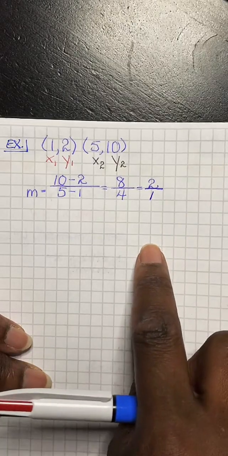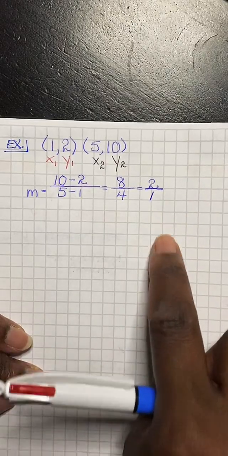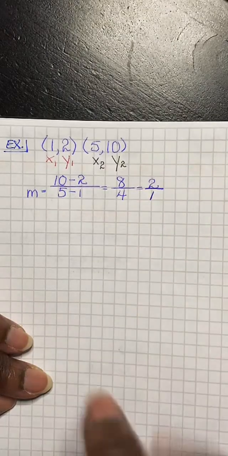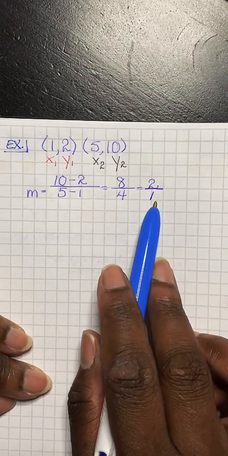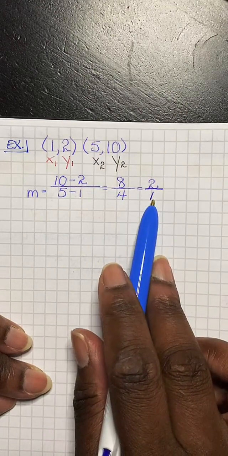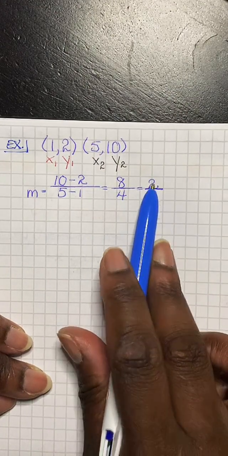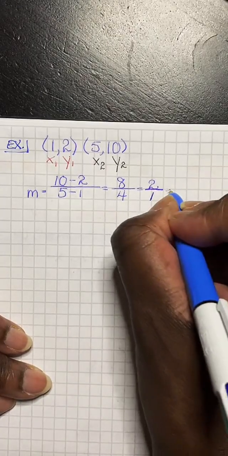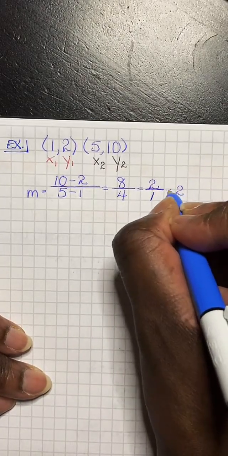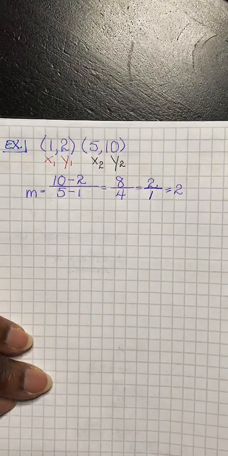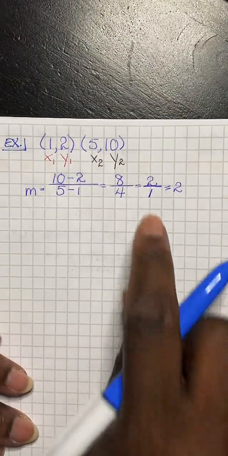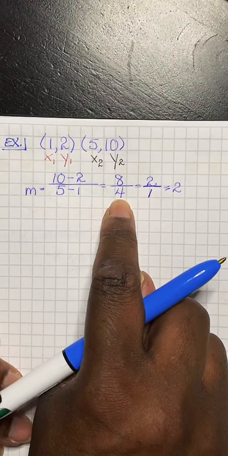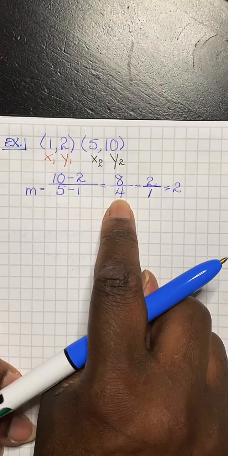That's why a lot of people, when it's a whole number, go up that whole number and over 1. So we can leave it as 2 over 1, but remember, 2 over 1 is understood when we just see an answer of 2. A lot of people ask, where's the over 1 coming from? That's where it's coming from, because 8/4 can be reduced by 4.